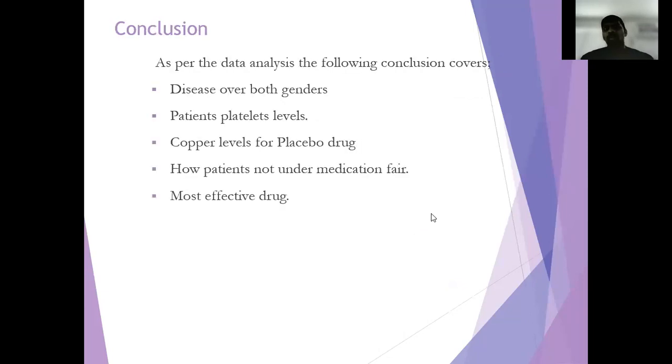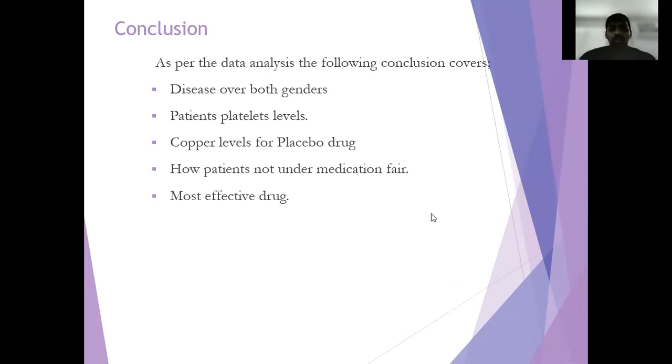Before concluding, I want to say that as per the data analysis which I have gathered, the disease is evenly spread across both genders, and the copper levels are low for the patients using a placebo drug.